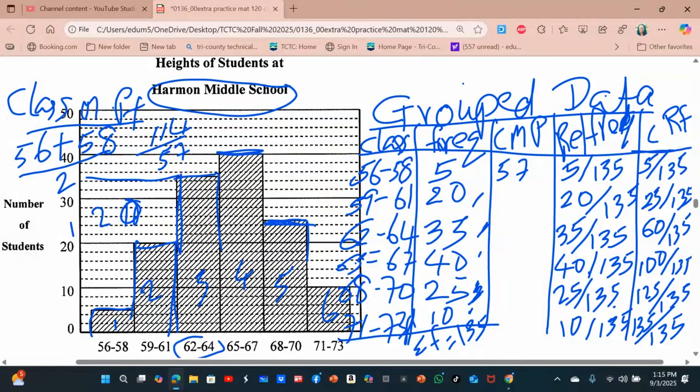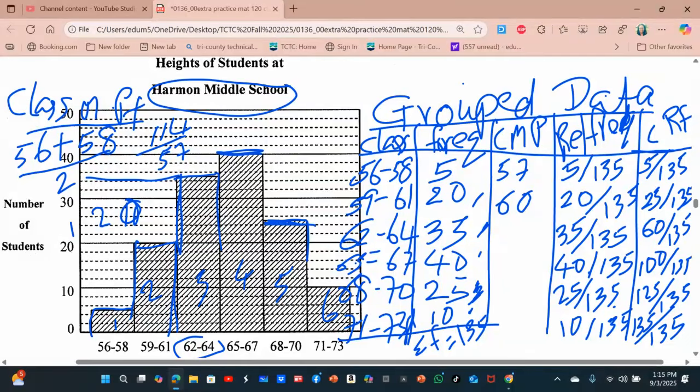When I divide 120 by 2, I have 60. So I got 60 here.